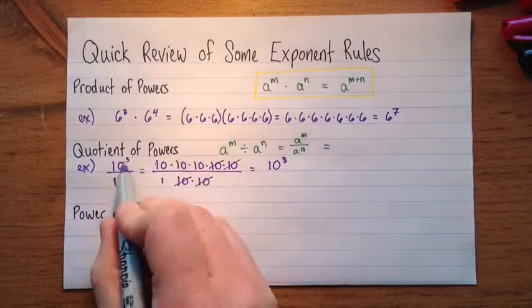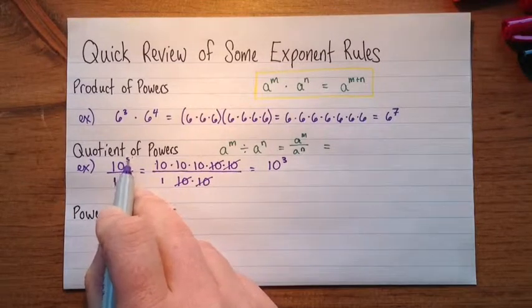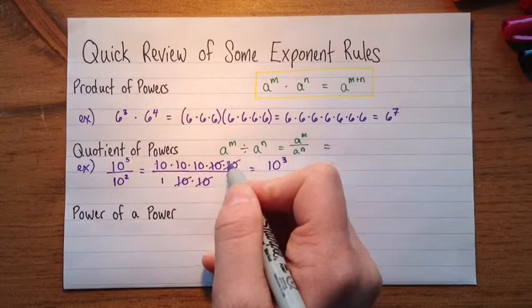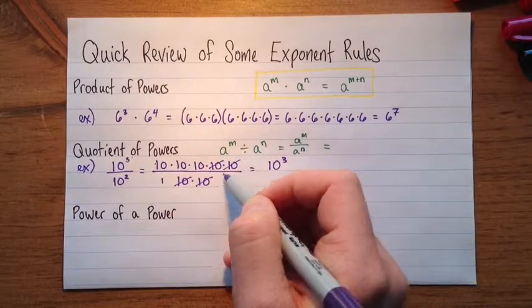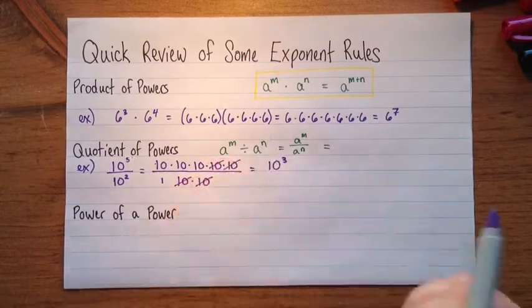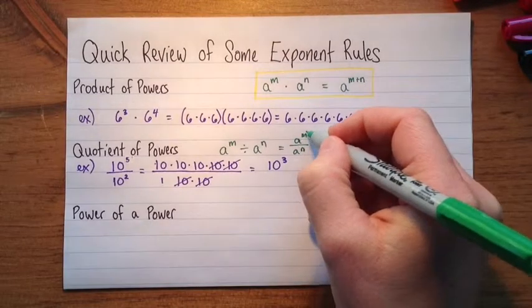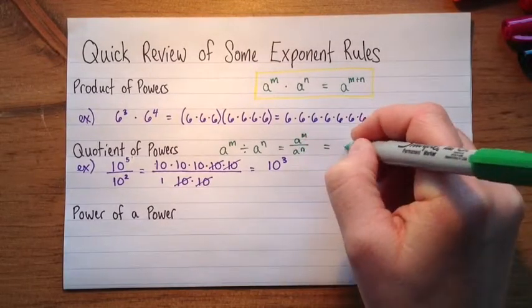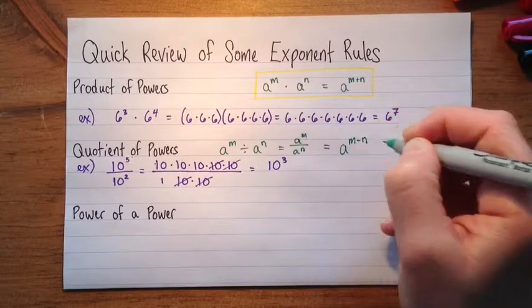And so what happened with these exponents is, if we write this out a certain number of times on the top and a certain number of times on the bottom, then our final exponent will be the top exponent, so the 5, take away the bottom exponent, because that's how many we simplified out. So in this case, a to the m divided by a to the n is equal to a to the m minus n.